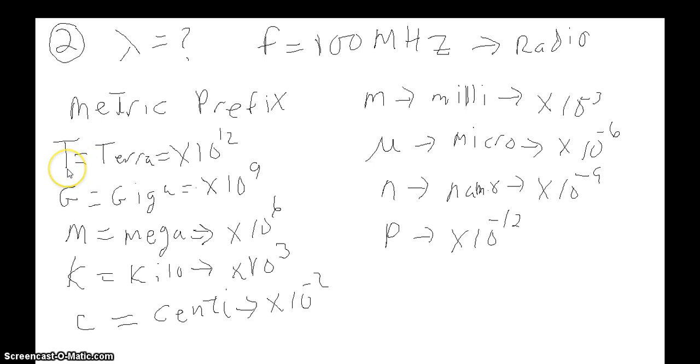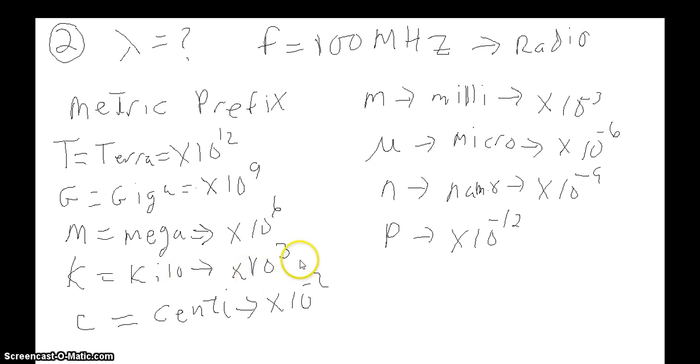It's always capital T. If it was 15 terahertz, you could replace the T with times 10 to the 12th. Similarly, a capital G means giga, and the G could be replaced with times 10 to the 9th. Mega, as we have in this case, could be replaced by times 10 to the 6th, which is exactly what we're going to do. And kilo is times 10 to the 3rd.